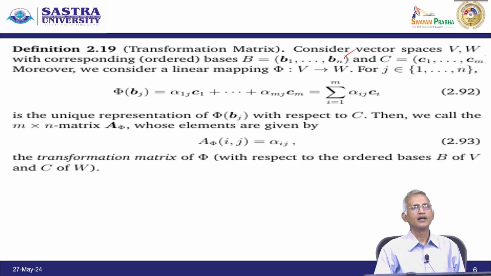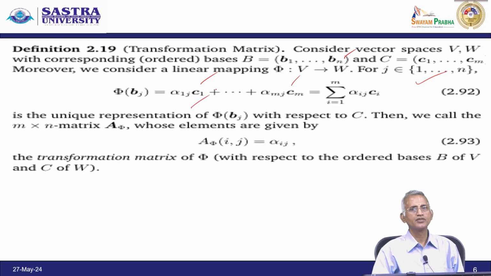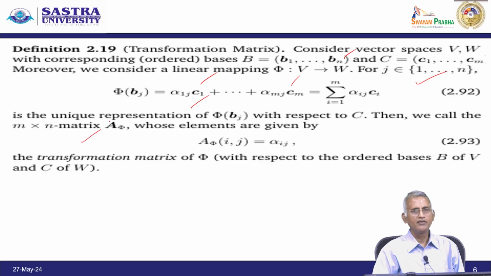Moreover, we consider the linear mapping phi such that V to W, for j varies from 1 to n, and phi of bj equal to alpha 1j c1 and so on alpha mj cm, which is equal to summation i equal to 1 to m alpha ij ci, a unique representation of phi of bj with respect to C. Then we call the m cross n matrix A phi, whose elements are given by A phi of i comma j equal to alpha ij, the transformation matrix of phi with respect to the ordered bases B of V and C of W.